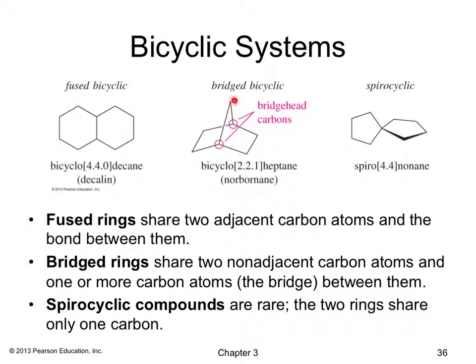So here's non-adjacent and the bridge. These would be the bridgehead carbons. They are bicyclic, and these would be the bridged systems. And then spirocyclic compounds, which are rare, are when two rings share only one carbon. So here would be a spirocyclic.